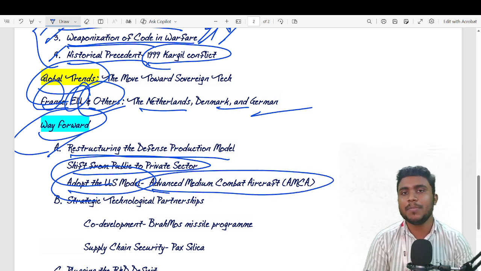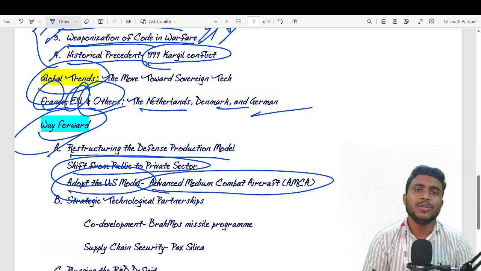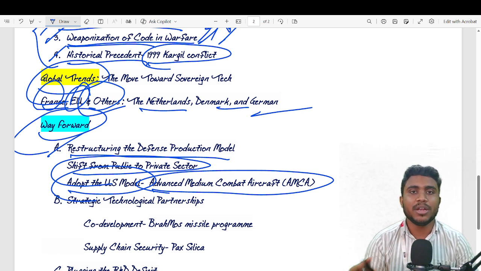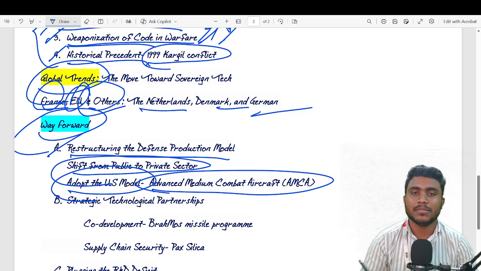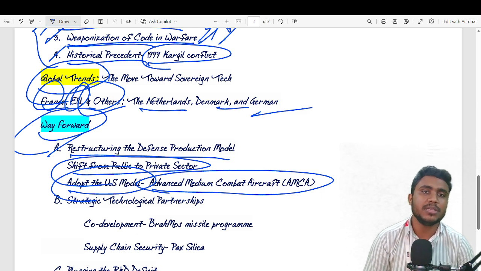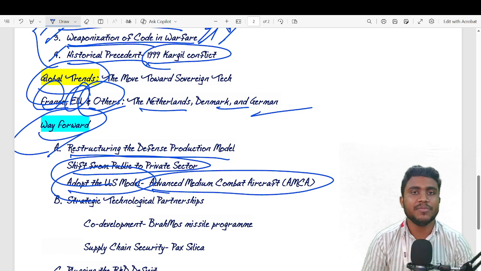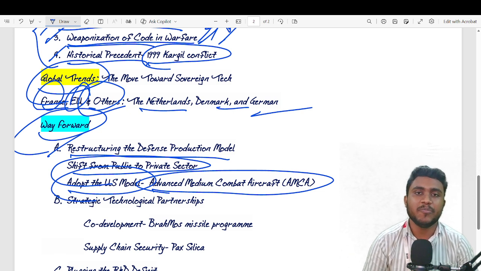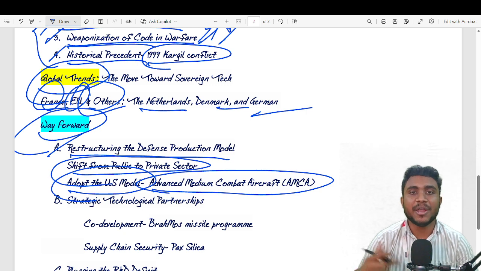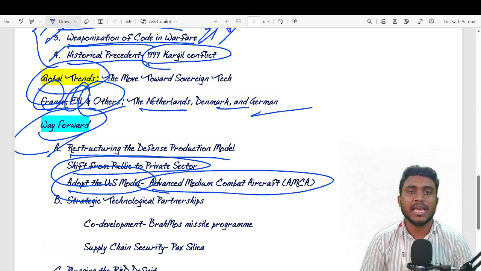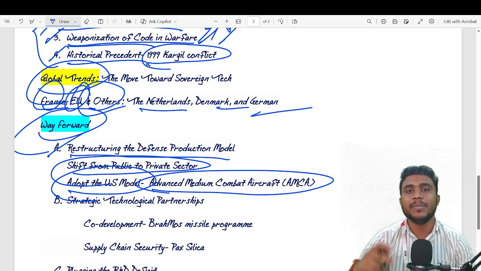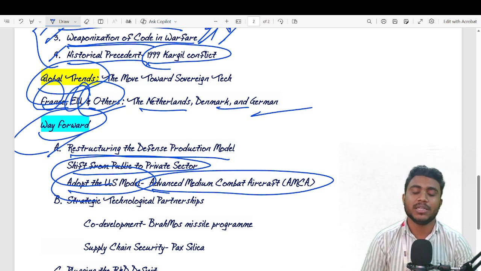In the AMCA scheme, HAL and DRDO make the models, and we give them to 2-3 private players, and they manufacture it privately with the help of government, and then the government procures the product.